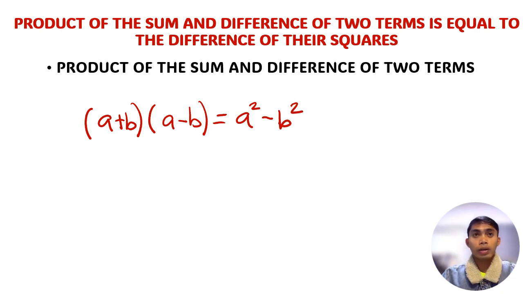So we need to square. Remember that the product of the two terms is equal to the difference of their squares.